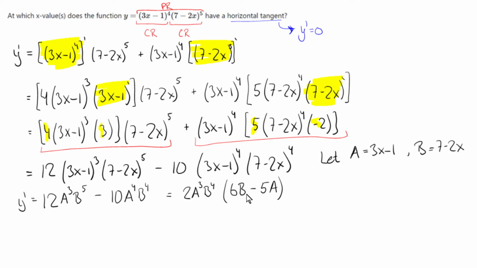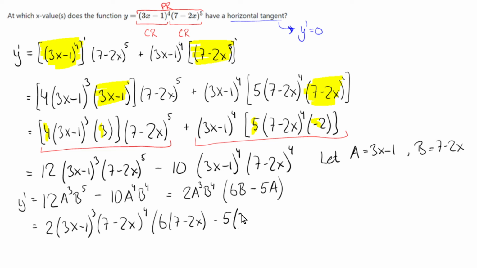So now we can substitute a and b back into this expression to get the full expression. So it's going to be 2 times (3x minus 1) cubed times (7 minus 2x) to the power of 4 times [6 times (7 minus 2x) minus 5 times (3x minus 1)].